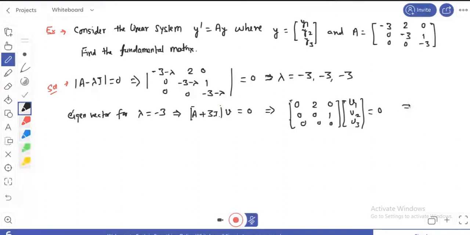For that, you can find here 2V2 equals 0, and from the second line, V3 equals 0. So you get V2 is 0 and V3 is 0. That's why your eigenvector V is 1, 0, 0, due to this.